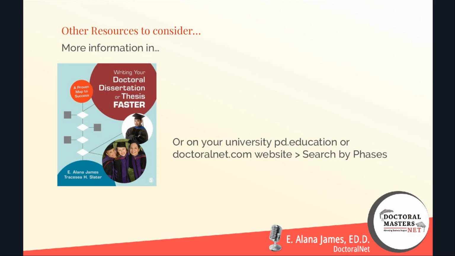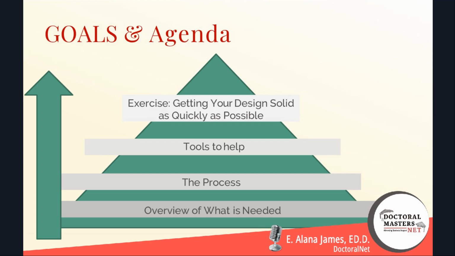And then you can search by phases. That's the menu. And the search by phases menu lists this entire process step by step, milestone by milestone. Some people find it helpful, especially if you're along the way and a little stuck. Sometimes it's useful to go back and look at all the steps and see whether there might have been something that wasn't addressed or that you didn't understand.